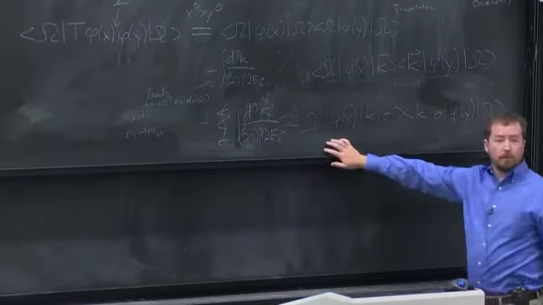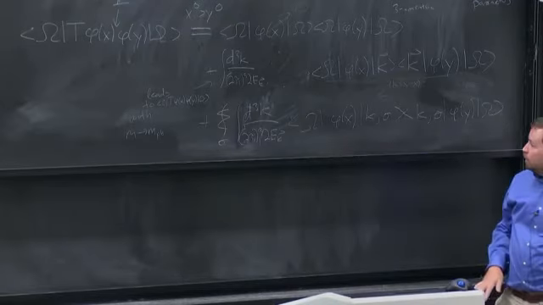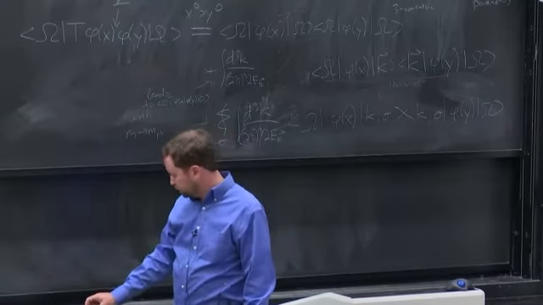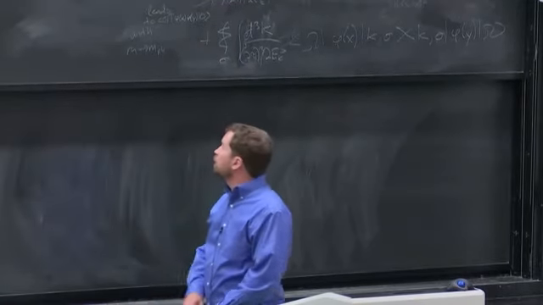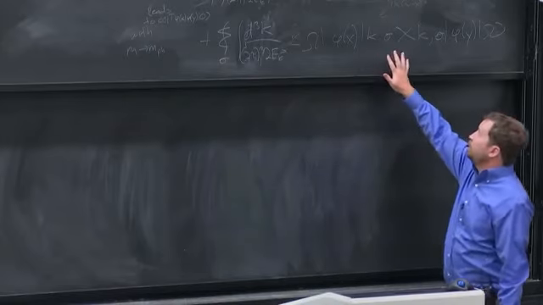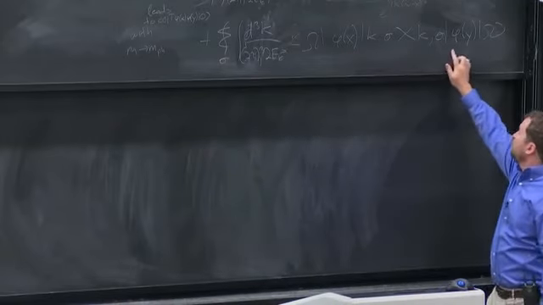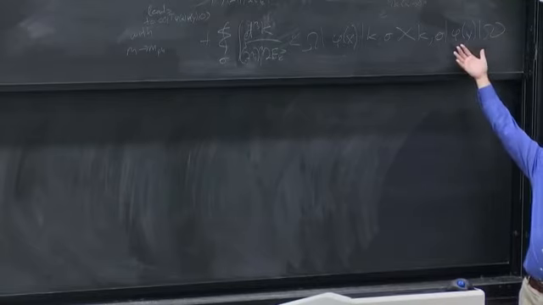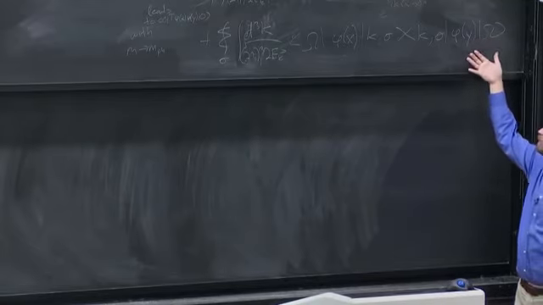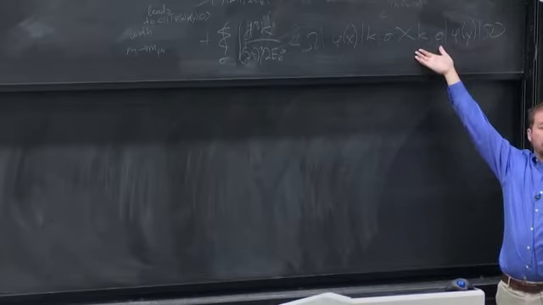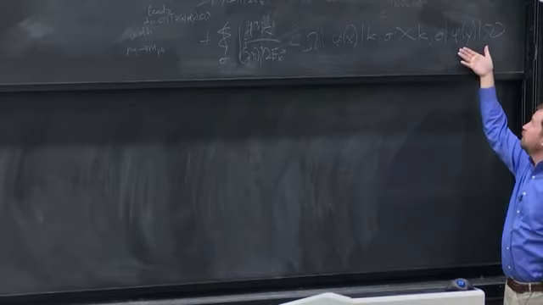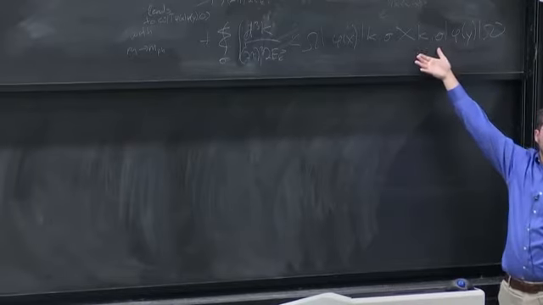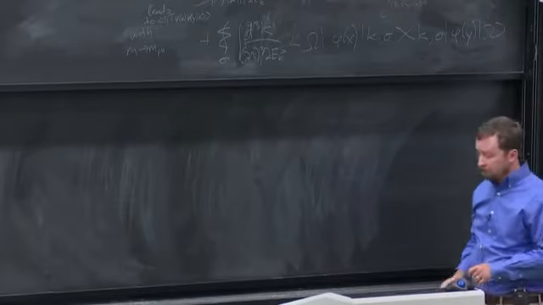We also have a new term here. And this new term contains information about how a one particle state, or at least a field operator acting on the vacuum, overlaps with multi-particle states.